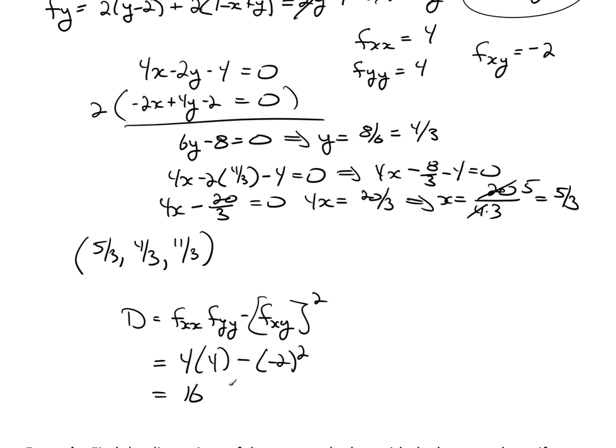That's 16 minus 4, which I don't care what the number is. All I care about is that it's greater than 0. And note that f sub xx is also greater than 0. Therefore, these coordinates give a minimum.